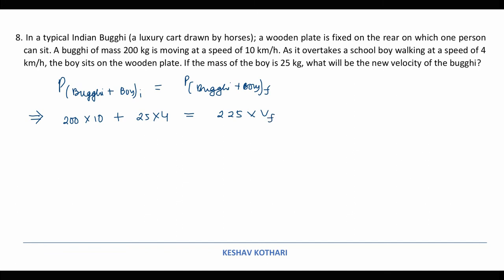So over here the value is going to be 2000 plus 100 is equal to 225 into vf, and the final speed is going to be 2100 divided by 225, in kilometer per hour. If we calculate it out, the speed comes out to be 28 by 3 kilometer per hour.